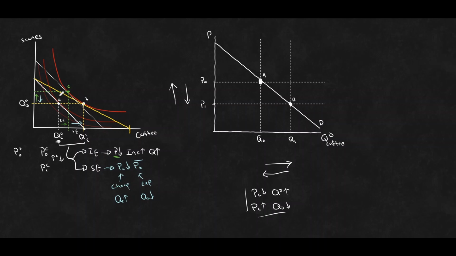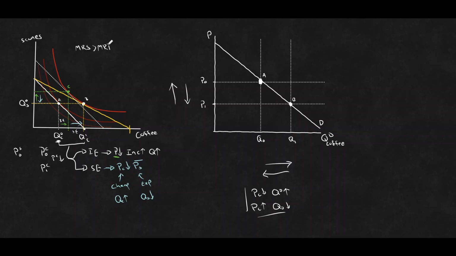The other way to think about it is as we go from A to C, the reality is that our marginal rate of substitution, that's off of our indifference curve, is greater than our marginal rate of transformation. We would be willing to give up scones for coffee at a higher rate than what we have to give up scones for coffee for.